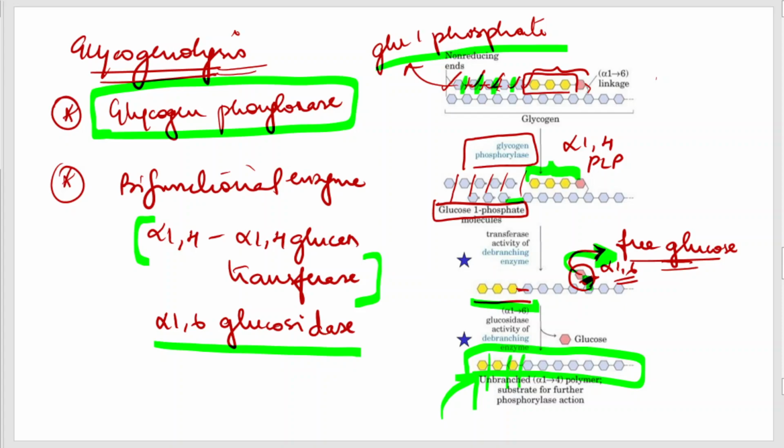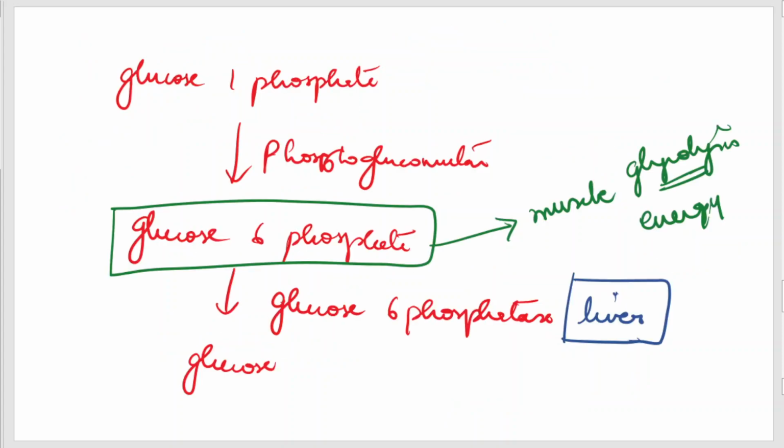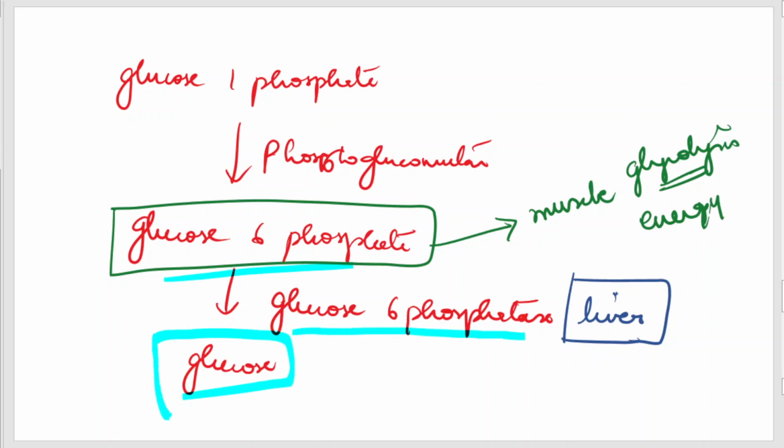Now this glucose 1 phosphate gets converted to glucose 6 phosphate, right? And then this glucose 6 phosphate is converted to glucose by an enzyme called glucose 6 phosphatase, which is present in the liver.